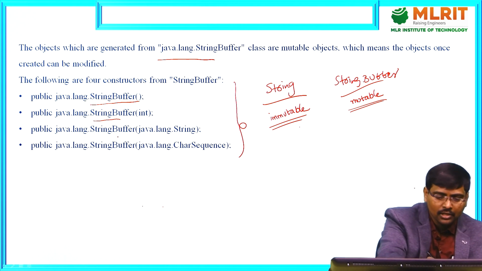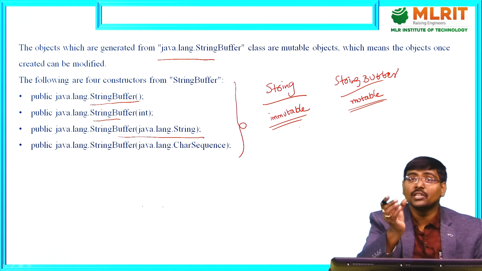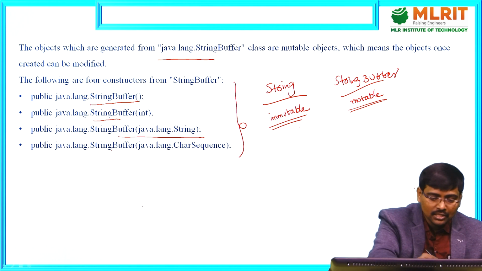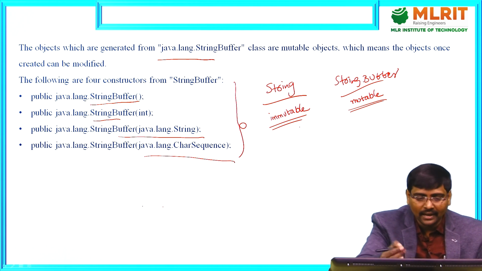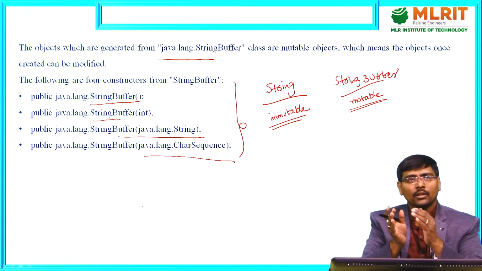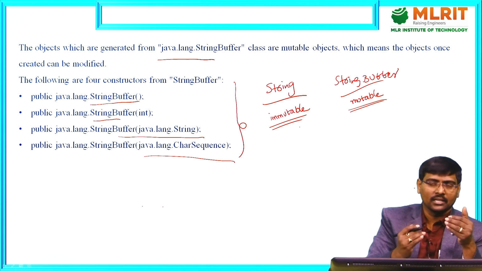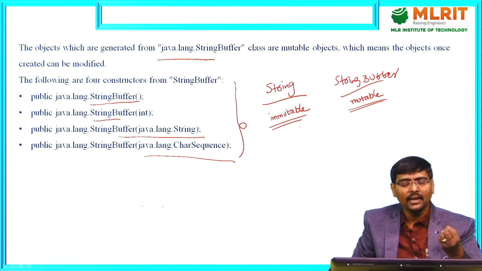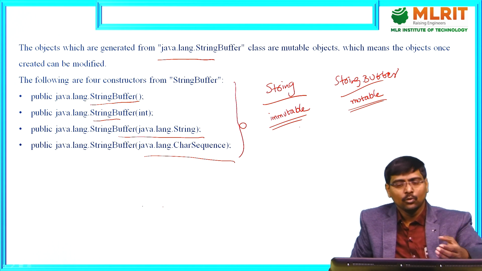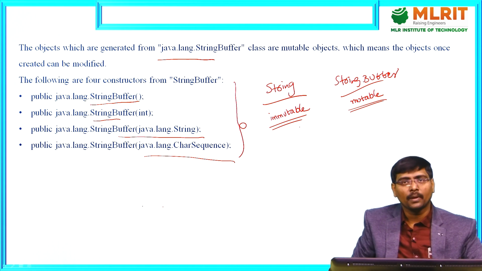Next one, StringBuffer with one string as a parameter. And StringBuffer with one character sequence. Now I will show you the difference among these constructors. We are creating the string object by using these constructors one by one.